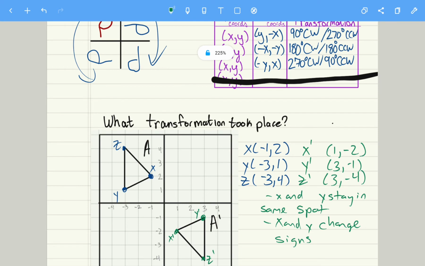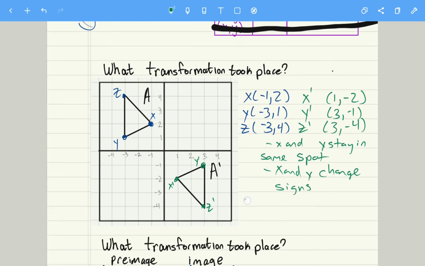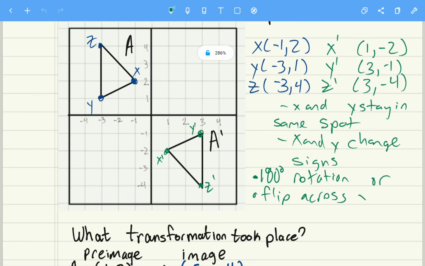So this could mean either 180-degree rotation or flip across y equals -x. So both of these have the same outcome, so both would be correct.